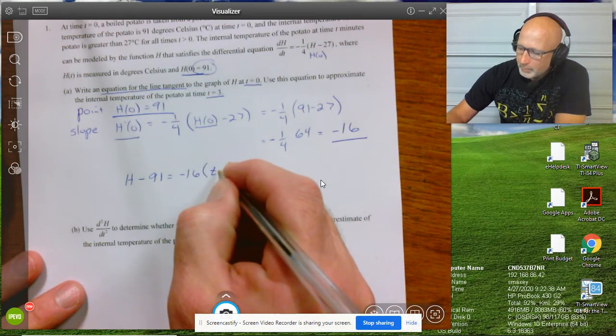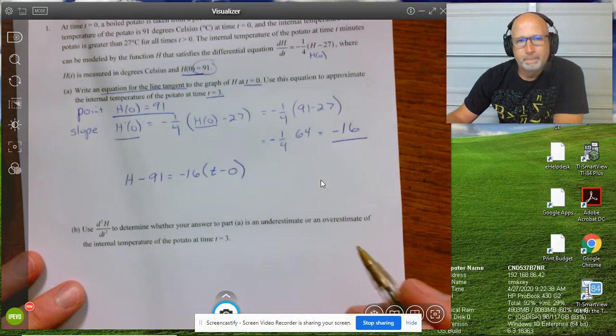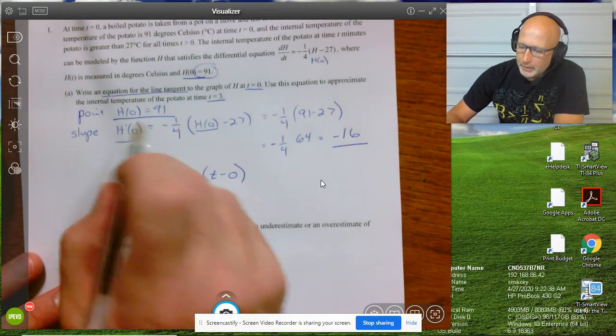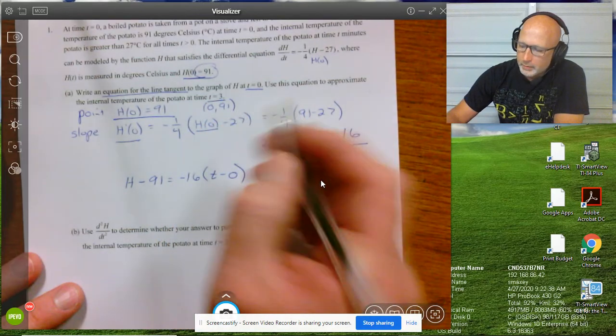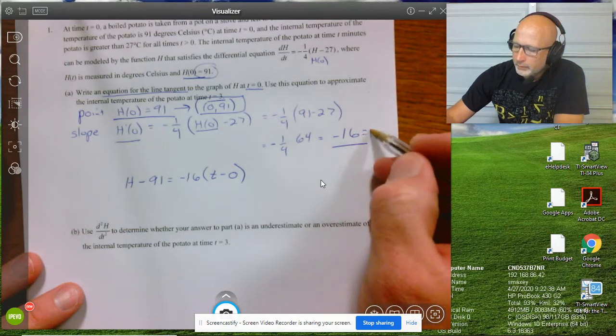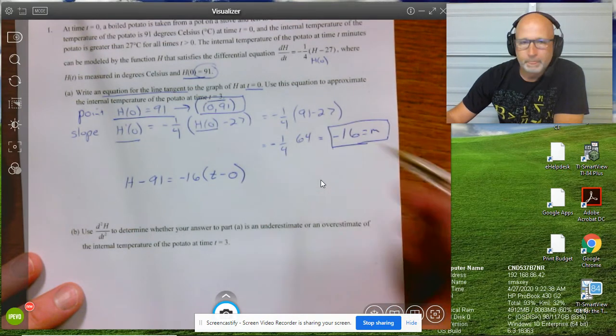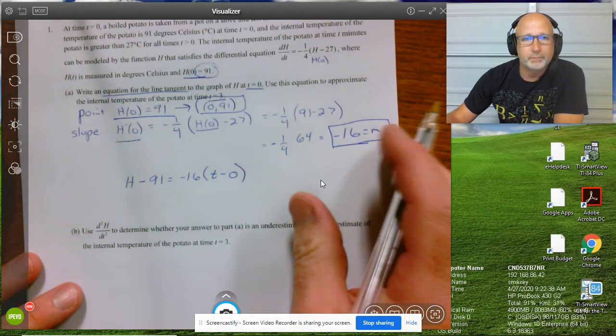So I have t minus the value there, which is 0. Once again, the point is 0, 91. That was given. I also know that this is the slope, based off of the derivative. So just plug it in and have this equation.